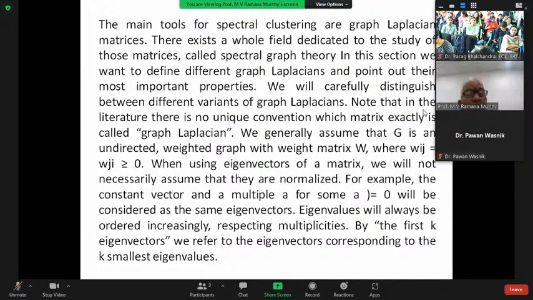For example, the constant vector, or any multiple of it by some a not equal to 0, will be considered the same eigenvector. Eigenvalues will always be ordered increasingly, respecting multiplicity. The first k eigenvectors refer to the eigenvectors corresponding to the k smallest eigenvalues.